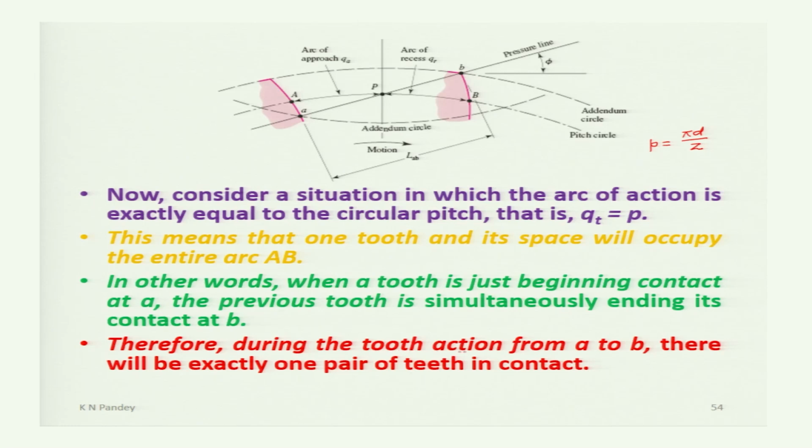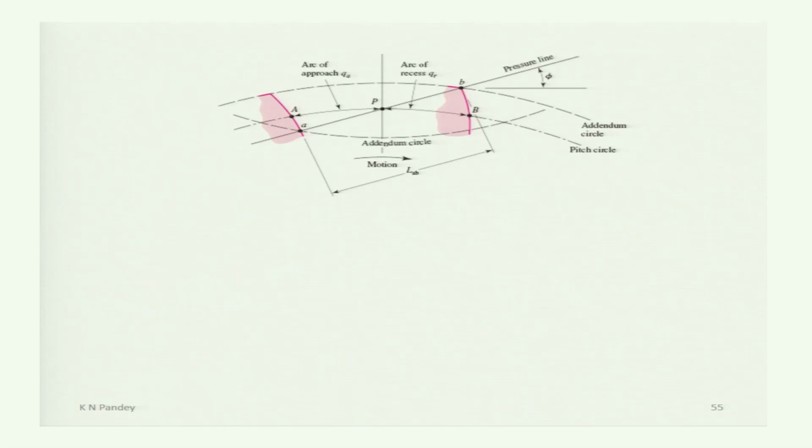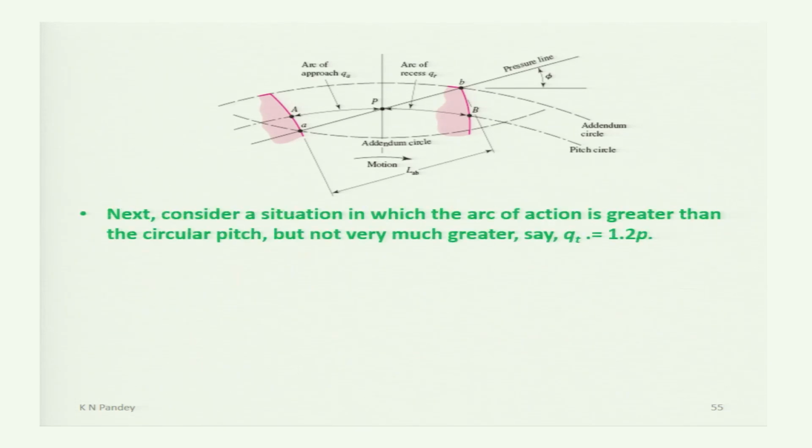So during the tooth action from small a to small b, there will be exactly one pair of teeth in contact. One pair of teeth means one tooth of the driving gear and one tooth of the driven gear are taking all the load. So all the load for transmission of power is shared by only one gear tooth. That is not a good situation.